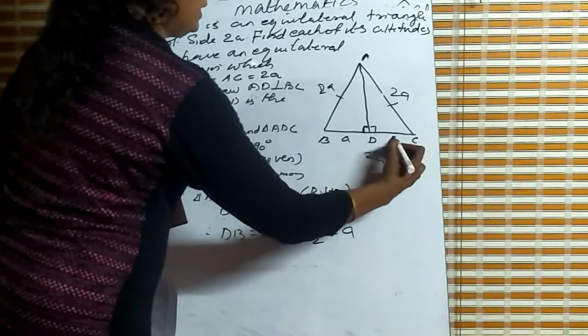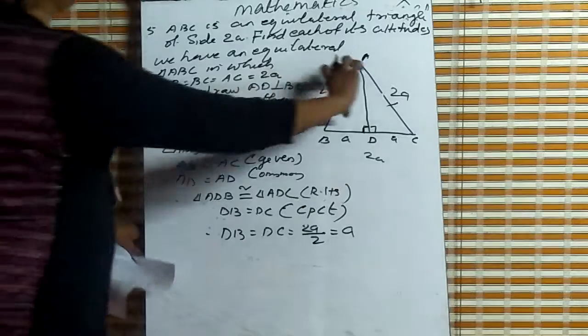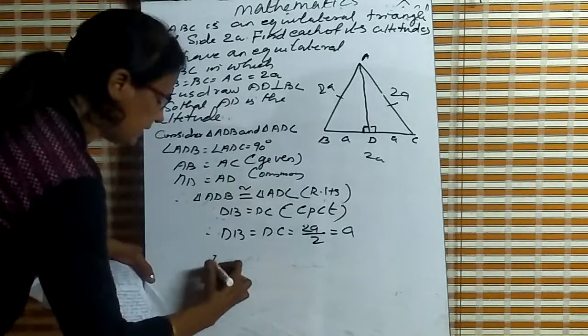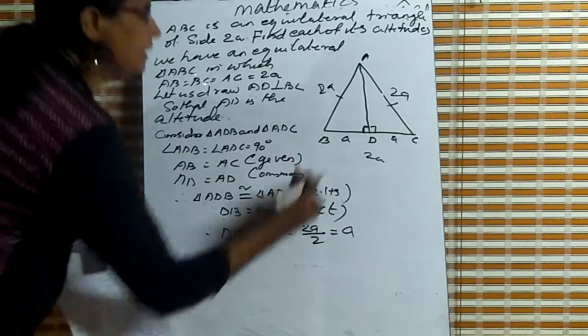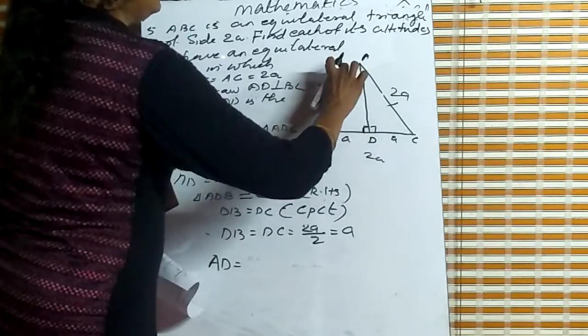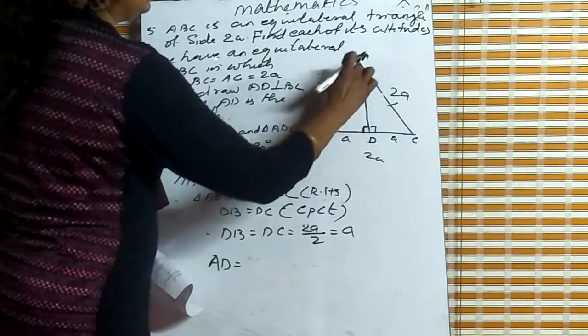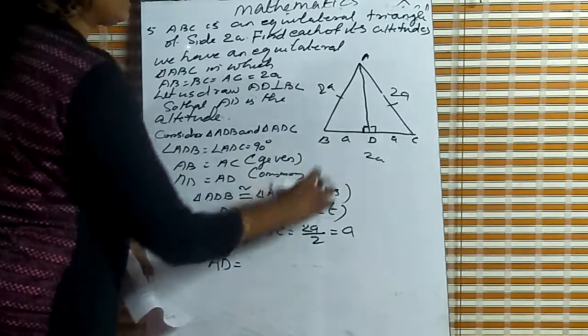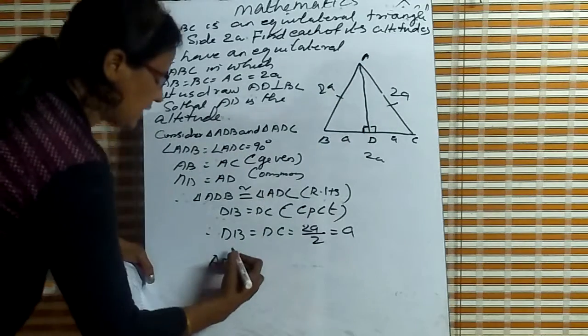So BD and DC are A. Our question is we have to find this AD. This side is A and this side is 2A. This ADB is a right angled triangle. What is AD?